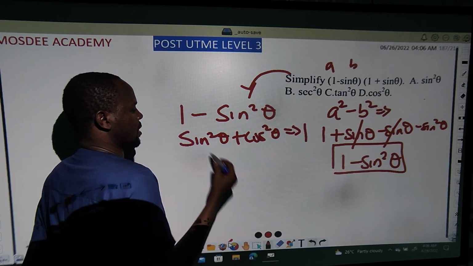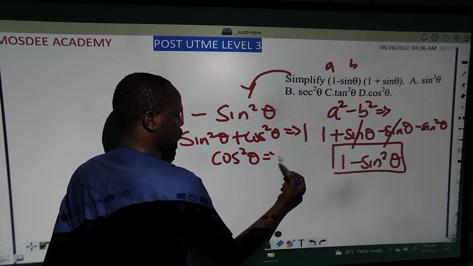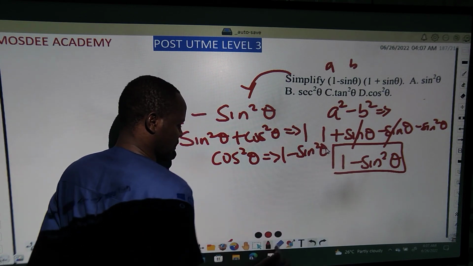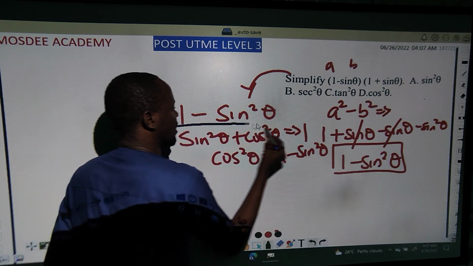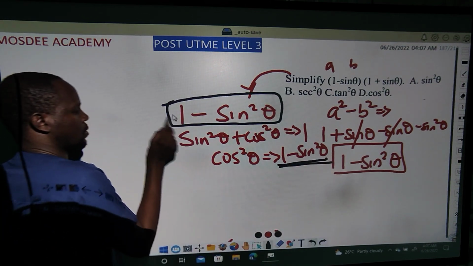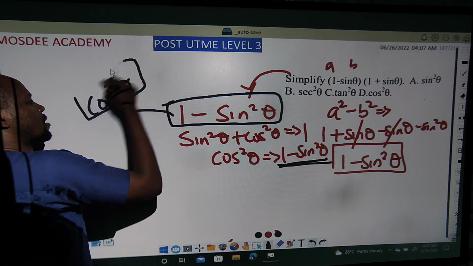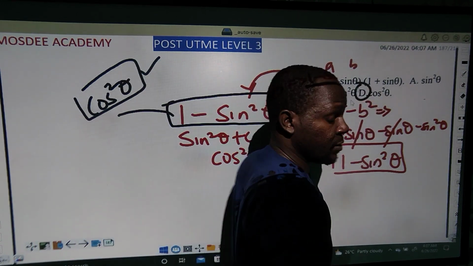Now, if you move this to the other side, cos squared theta is equal to 1 minus sine squared theta. So what you have in the question, 1 minus sine squared theta, is equivalent to cos squared theta. So this is the same thing, and it will still be correct.